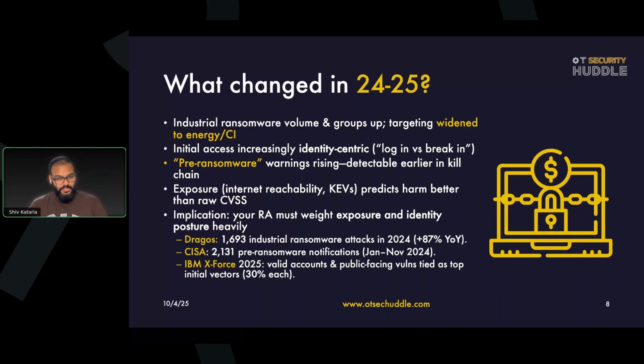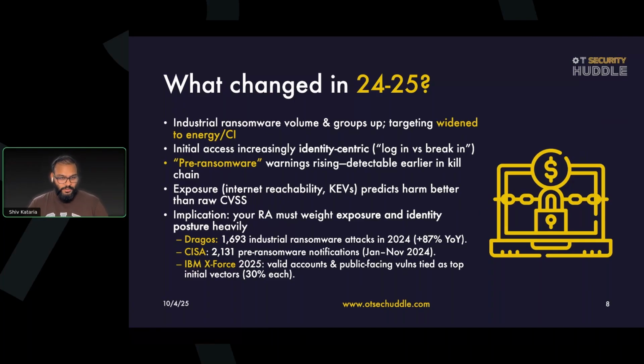Lots of pre-ransomware warnings are also issued by organizations like CISA in the US, and we see that the exposure warnings given by these agencies predict the possibility of industrial infrastructure also being targeted by these adversaries or threat groups.